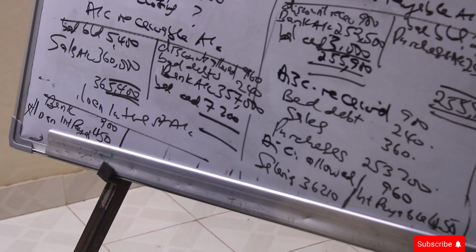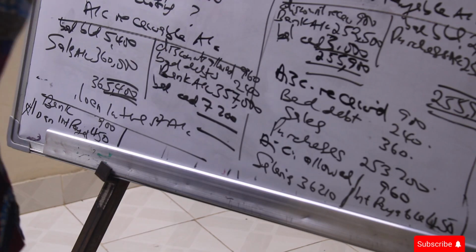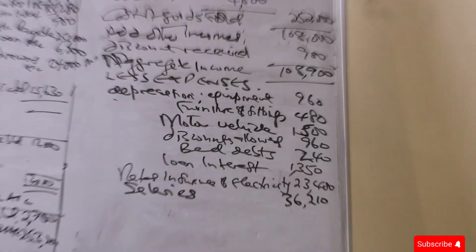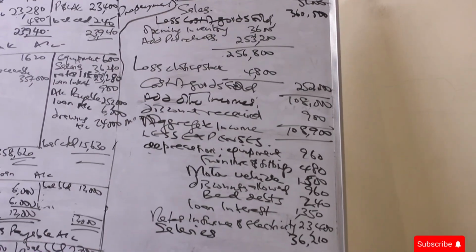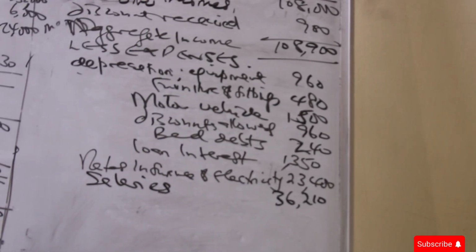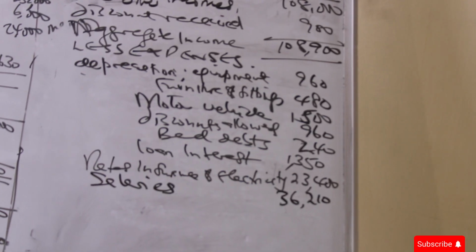And therefore we add them up. 960 plus 480 plus 1,500 plus 960 plus 240 plus 1,350 plus 23,400 plus 36,210.